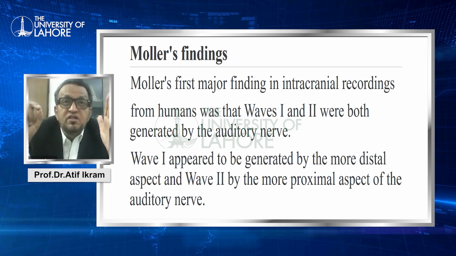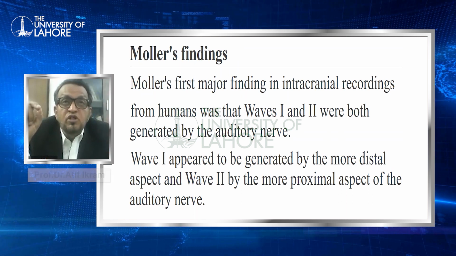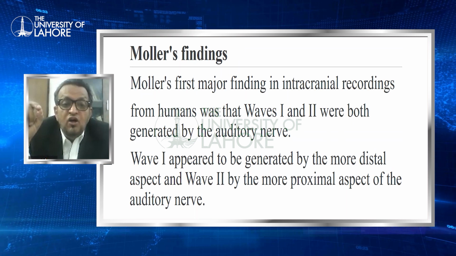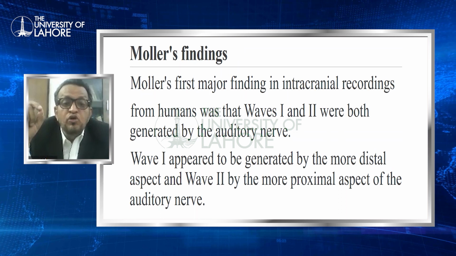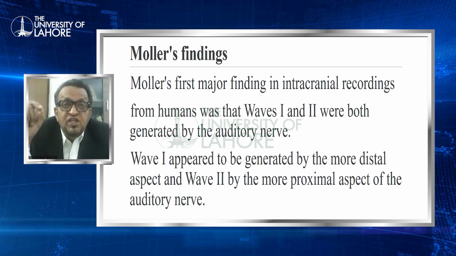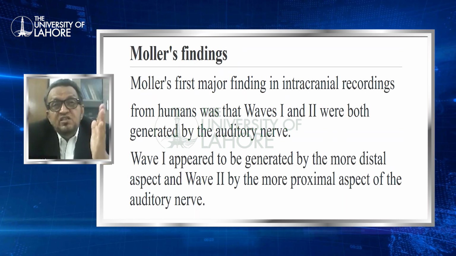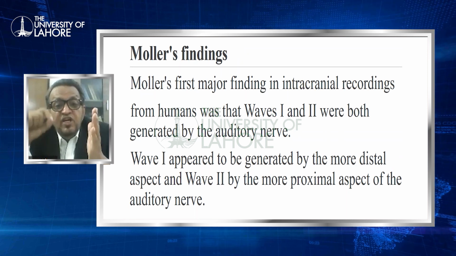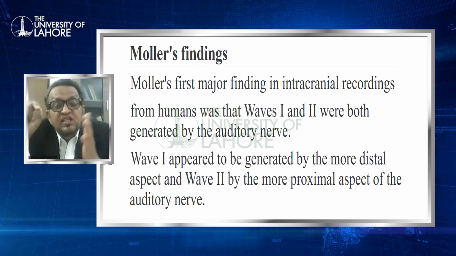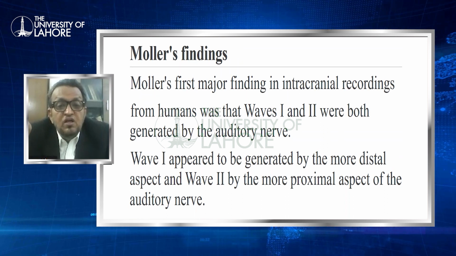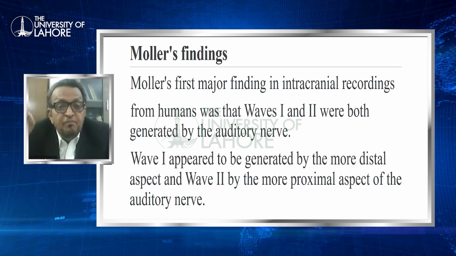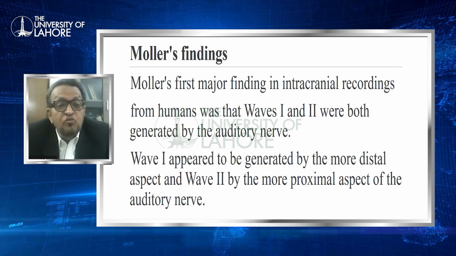In other words, the distal part of the auditory nerve, or vestibulocochlear nerve, as it is called, or eighth nerve, produces that. Then it enters the brainstem. Wherever it enters the brainstem, that produces wave 2 of the ABR. So these were some of the findings of Moller.